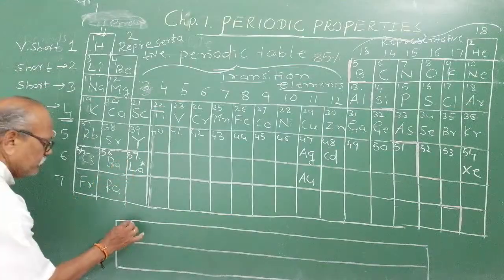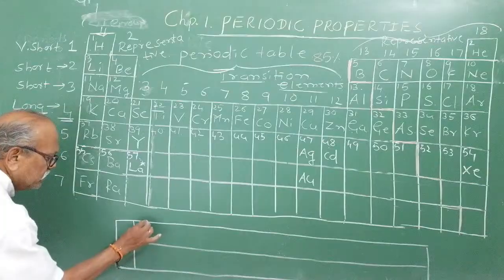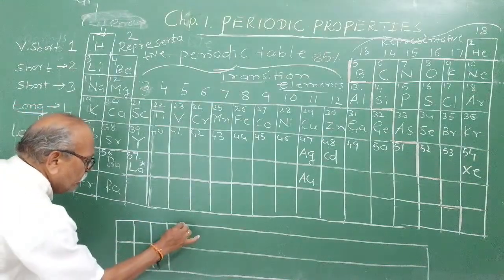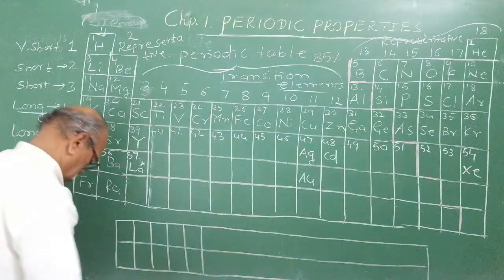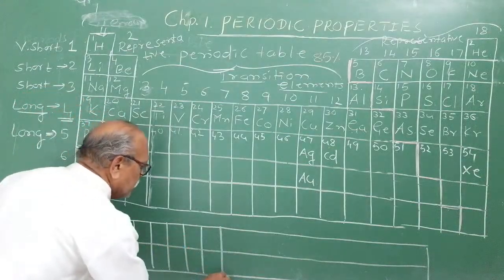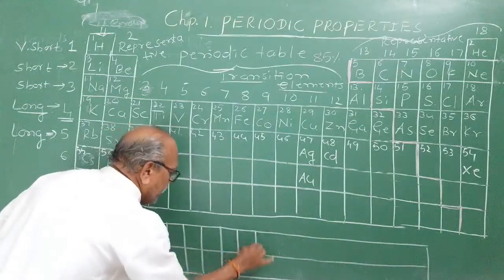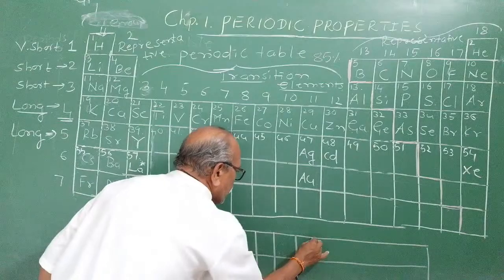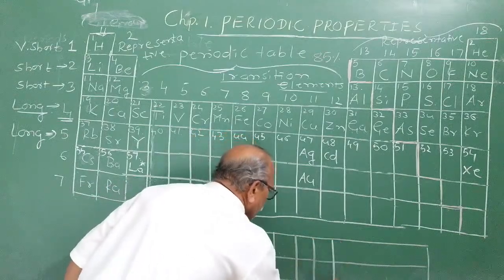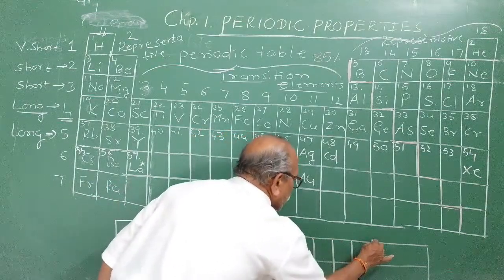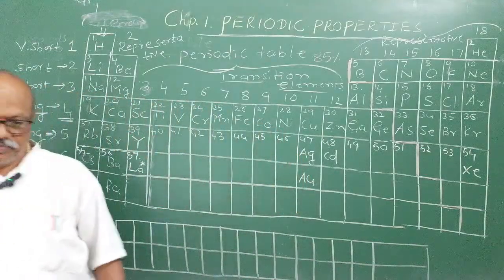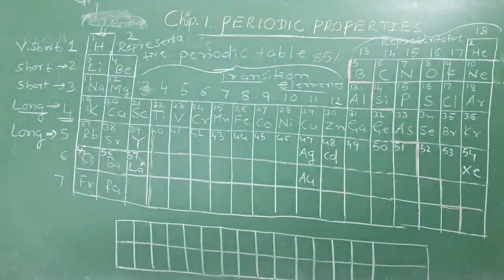After lanthanum, 1, 2, 3, 4, 5, 6, 7, 8, 9, 10, 11, 12, 13, 14. Let me rub the remaining part of it. Observe. I will rub this.